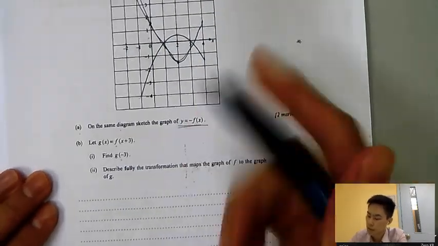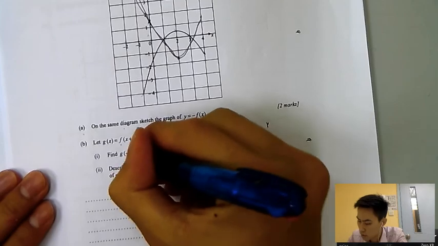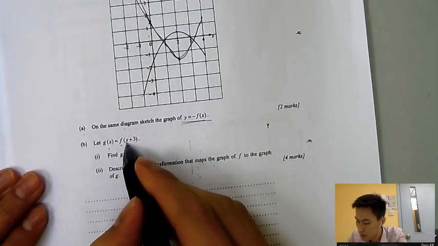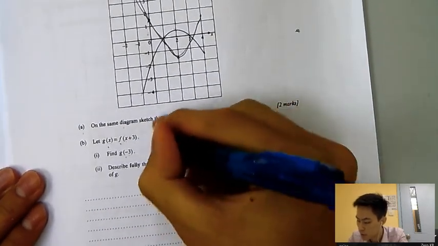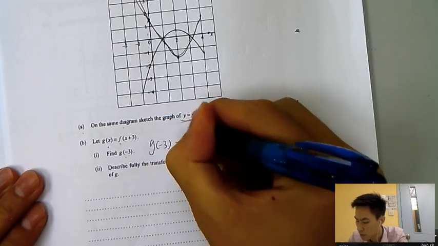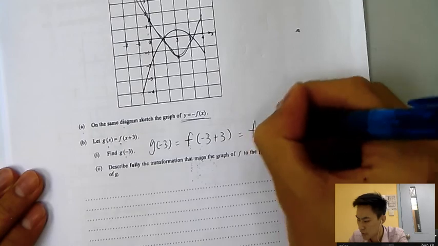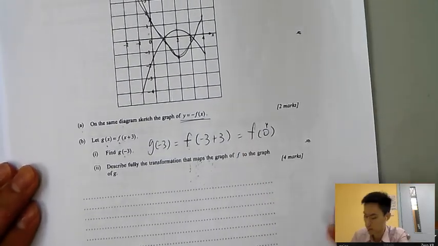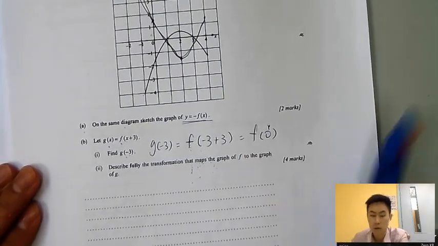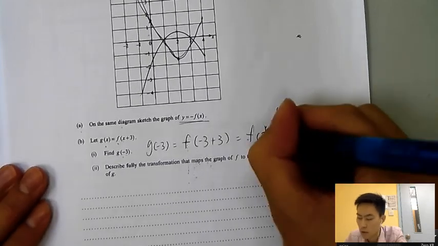Okay, so B1, g(-3). You know that g(x) is equal to f(x) plus 3, so you can just sub in: g(-3) equals f(-3 plus 3). So that is equal to f(0). Many students will just write 0, but that is wrong. Why? Because f(0) is not 0.